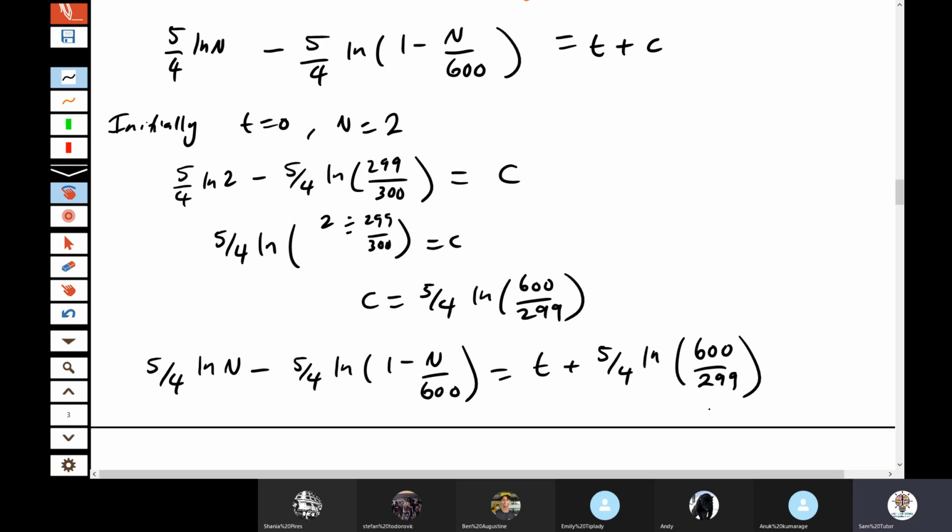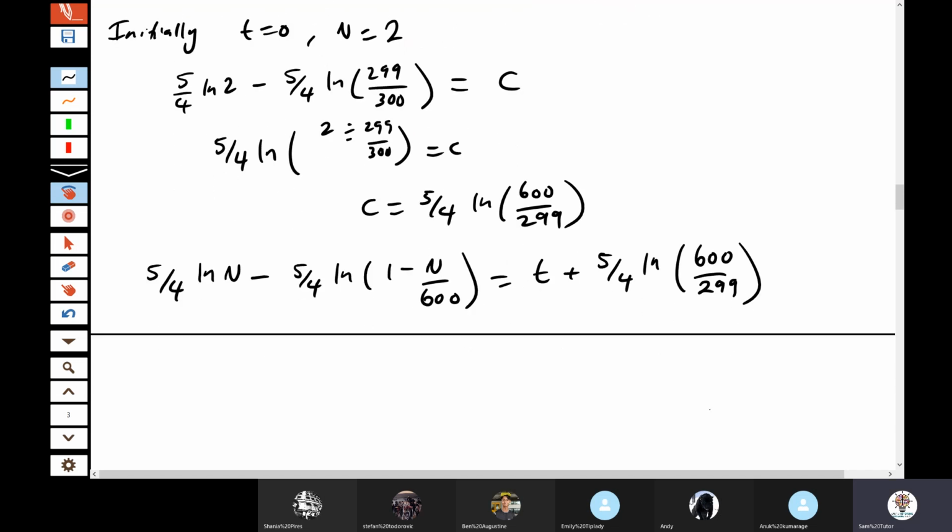What are you going to do? I would multiply by 4 and then divide by 5. Yeah. And at the same time, I might combine my logs. So it'll look like this. Log of n over (1 minus n over 600) equals 4t on 5.